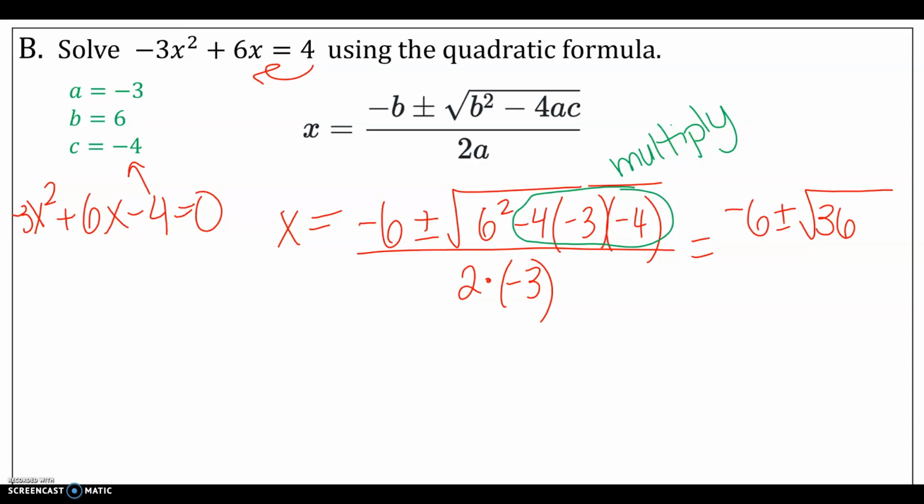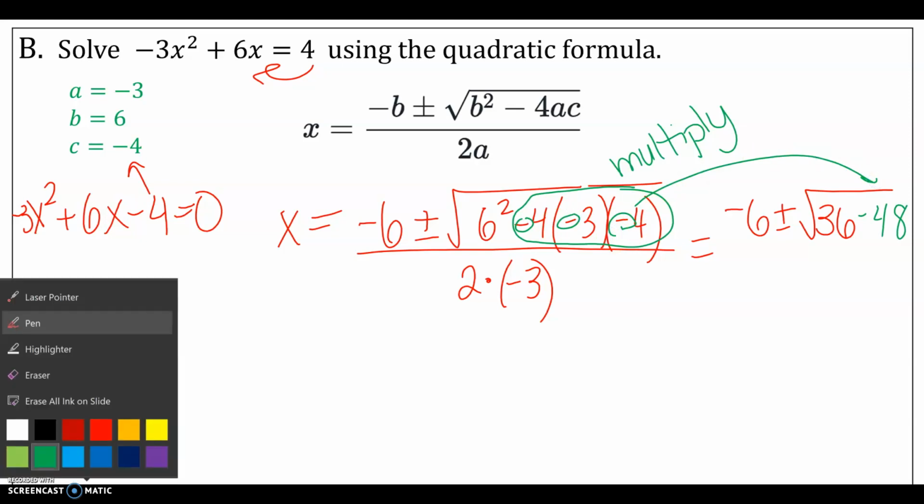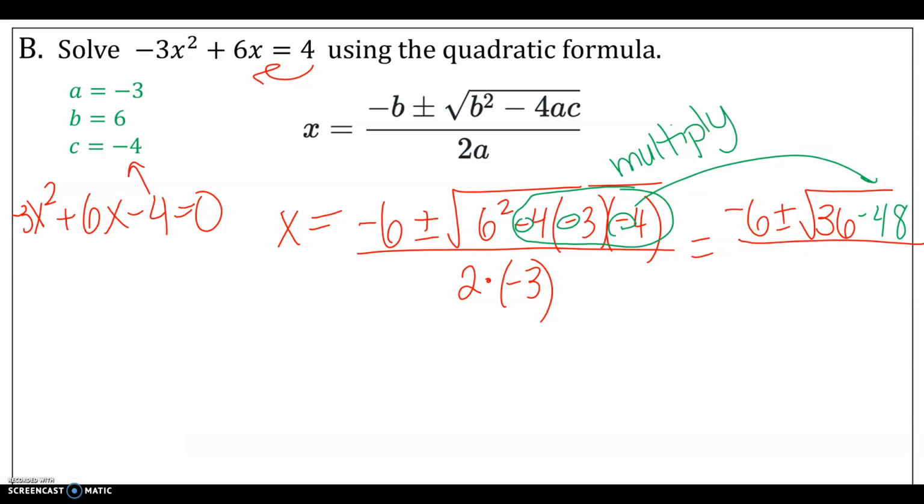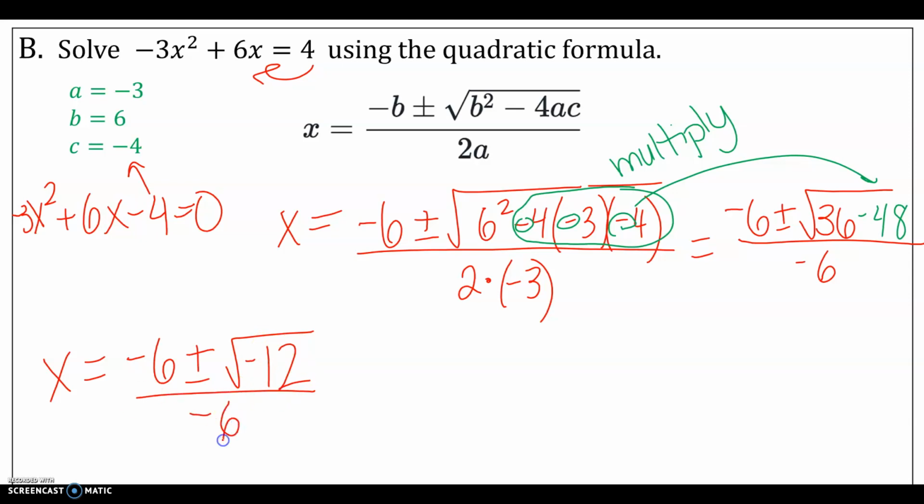So you're going to end up getting a negative 48 because these two negatives make positive, but then that negative will make that negative. So then divided by, I think that's a negative 6 on the bottom. So x equals, let's clean this up. So if we do the inside, 36 minus 48 is a negative 12 divided by negative 6.